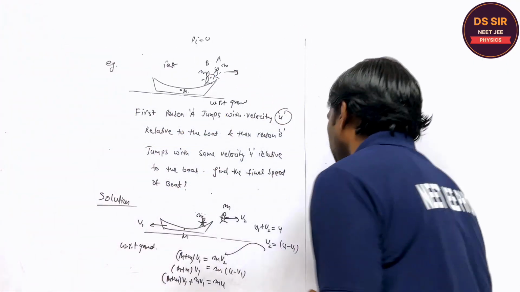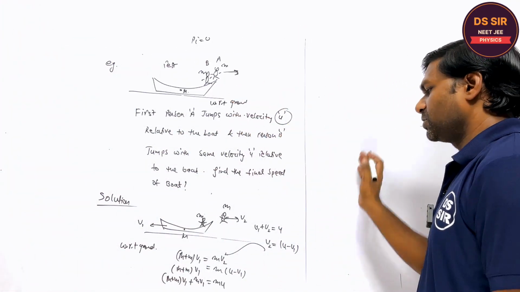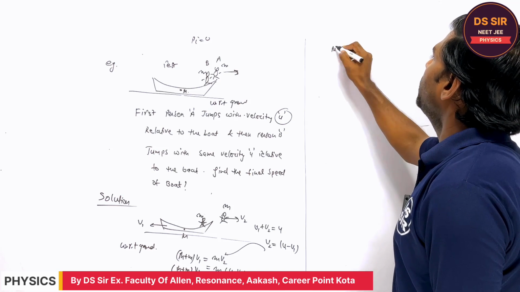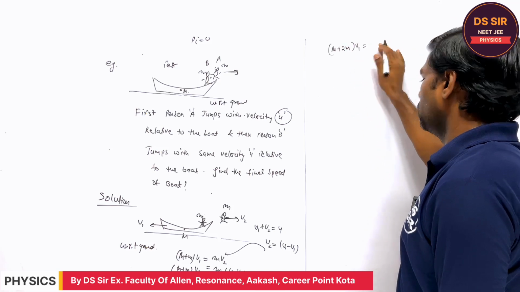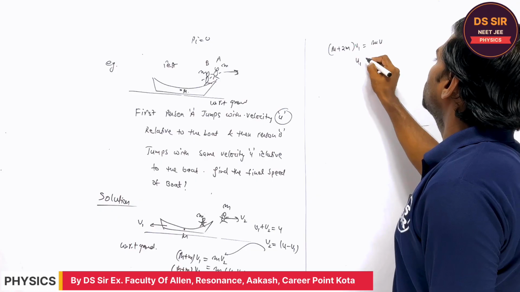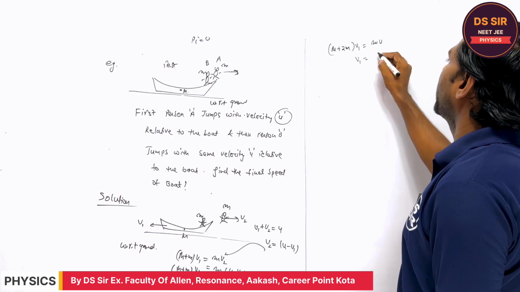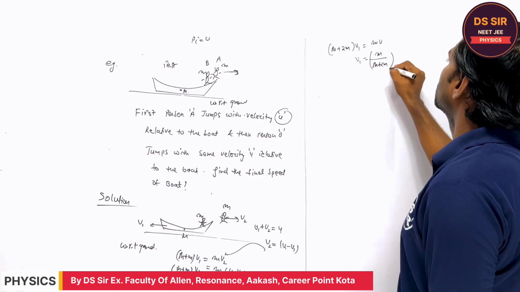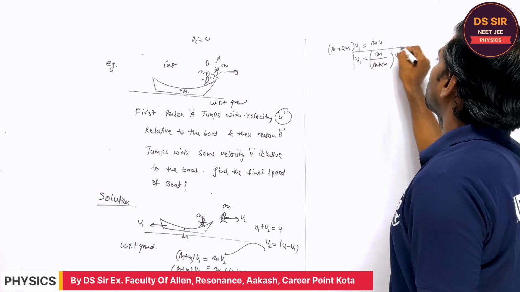So after first person jumps, (M plus 2m) into v1 is equal to m u. So the boat will move in the backward direction with this much speed.